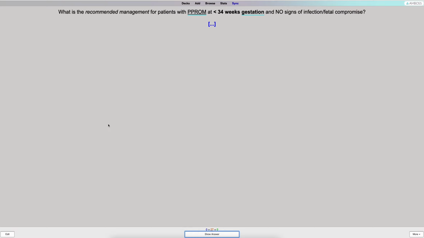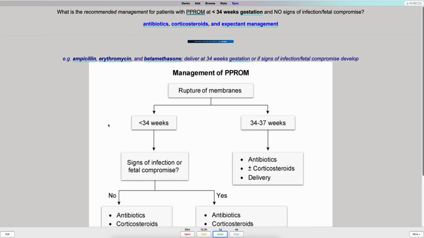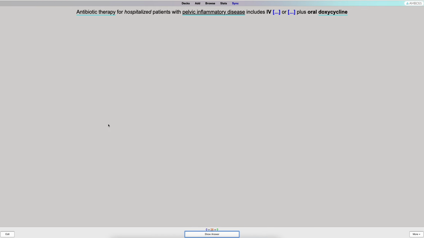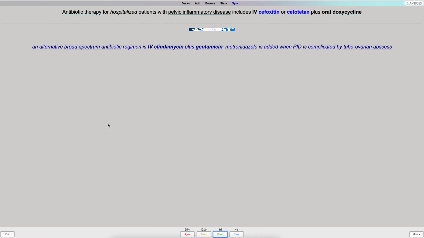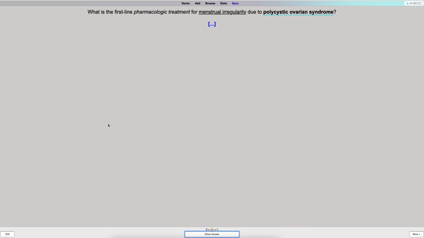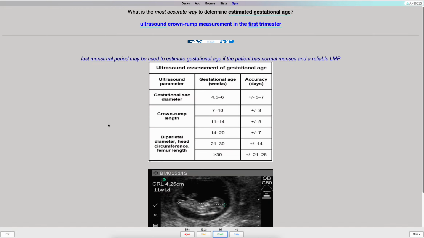So there are no signs of compromise. PCOS regularly treated with OCPs, and is only used in premenopausal women who want to preserve their fertility. An estimated gestational age: measure the uterus via ultrasound, do crown rump measurement.